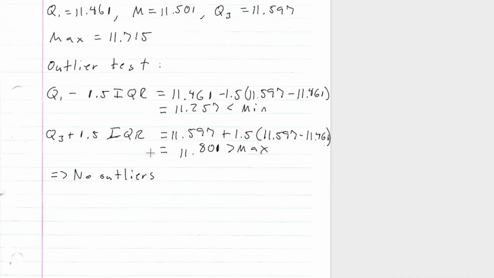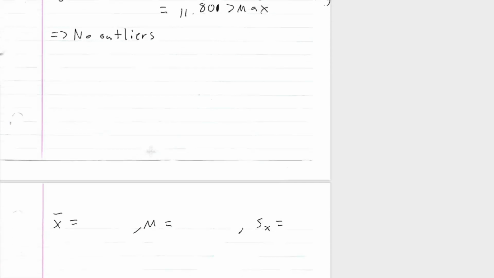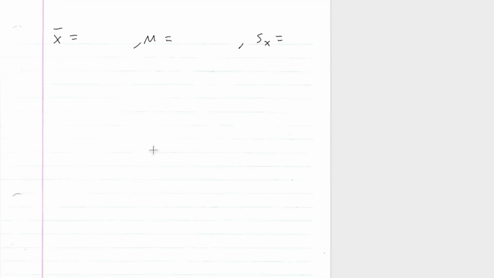All right, so now let's check if the skewness is significant or not. Remember, X bar was 11.516. The median was 11.501, and the standard deviation was 0.095.